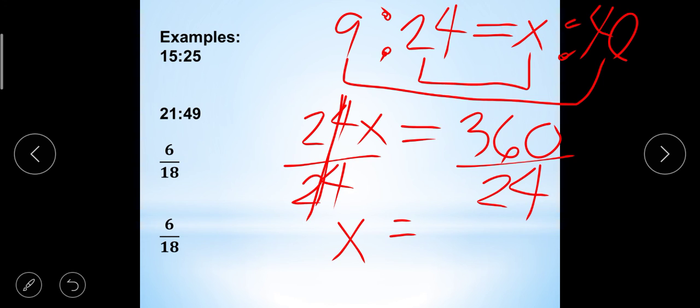360 divided by 24. Ilan po? Pa-divide nga po. 15.